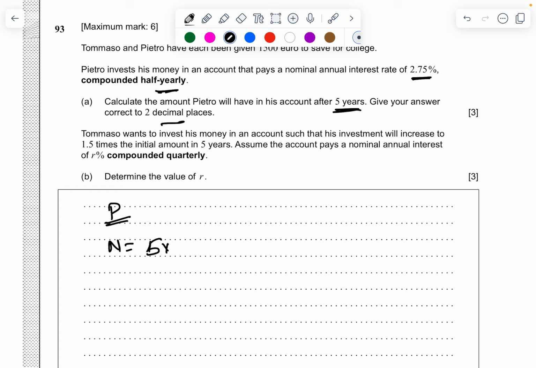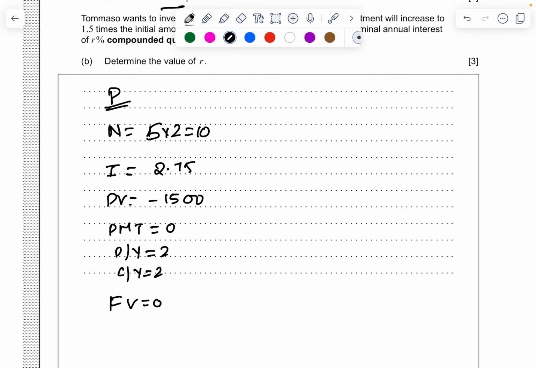Because it is half yearly, so 5 times 2, which is 10. Interest rate is 2.75. Principal value he is depositing, so minus 1,500. PMT is 0 because he is not depositing every month, and P per Y is 2, and C per Y is also 2. Then future value you keep it as the unknown, and this should give you the answer 1719.45 euros.